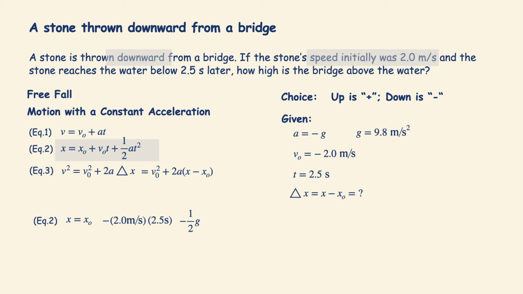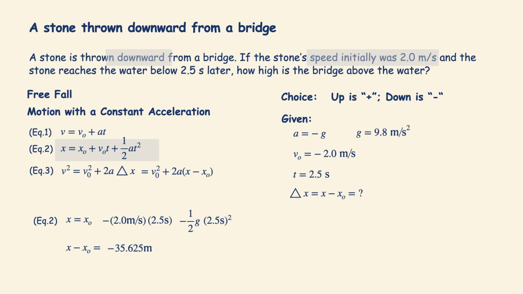I have replaced the acceleration with the known minus g, or minus 9.8, and then times the time squared, which is 2.5 seconds squared. If I move the initial position x naught to the left, I see that the displacement x minus x naught is going to be minus 35.625 meters. So obviously the height of the bridge cannot be a negative height.